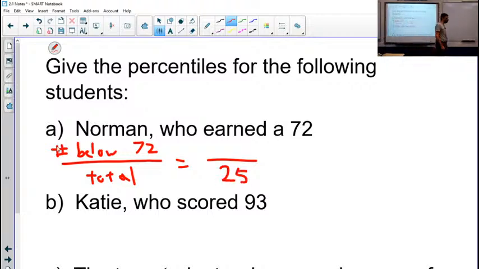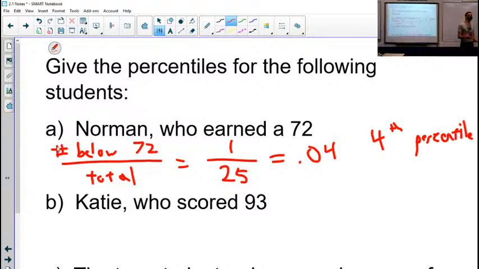And we want to look at how many scored below a 72. One. Yeah, one. I thought there were more 60s, but there weren't. So they scored 1 of 25, which is 0.04, so the fourth percentile.